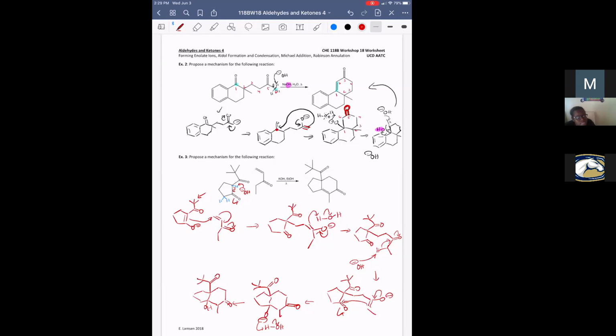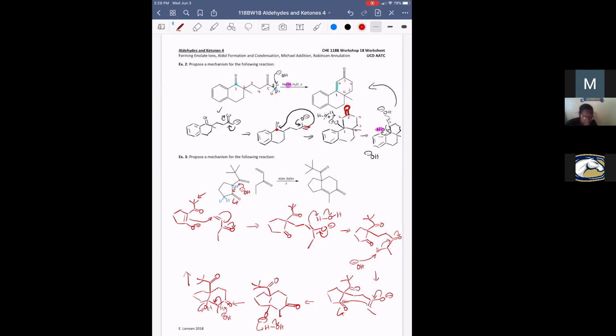And then in the presence of base that we've just generated, OH minus, we can deprotonate an alpha hydrogen. And always remember that we want to deprotonate our most acidic alpha hydrogen. This generates a double bond and allows our OH to be a good leaving group.